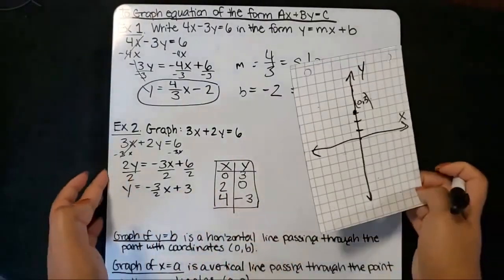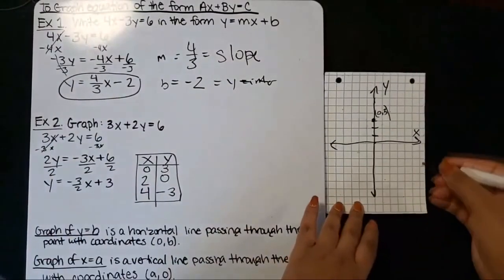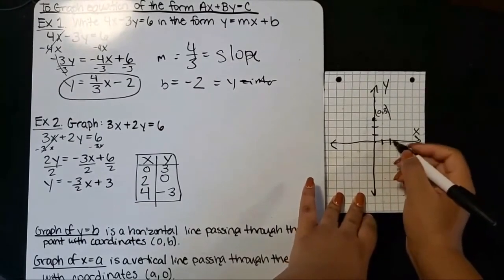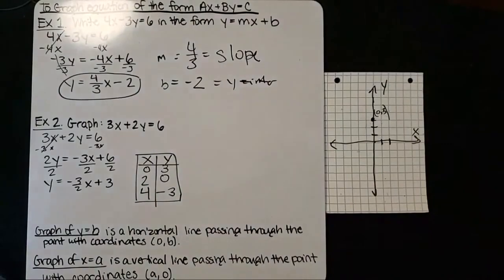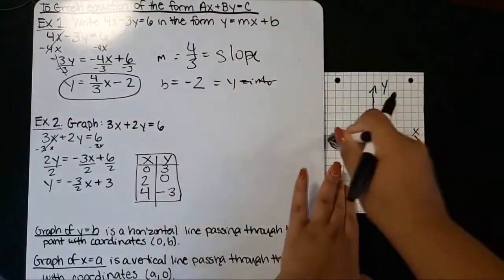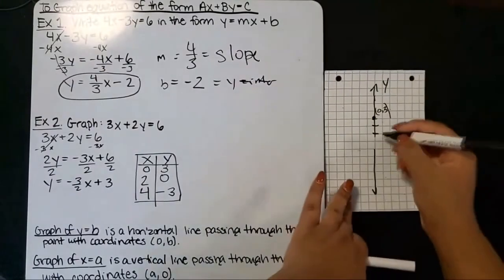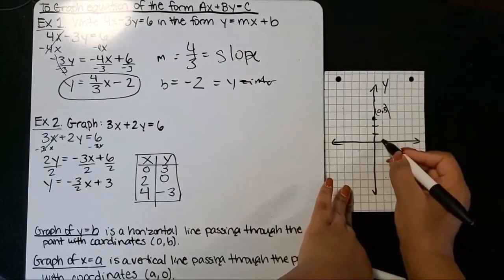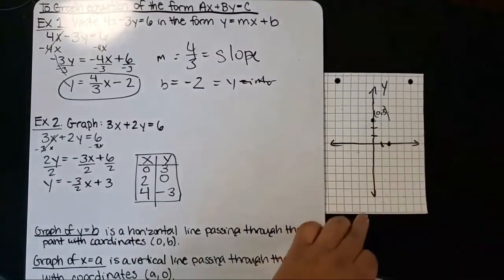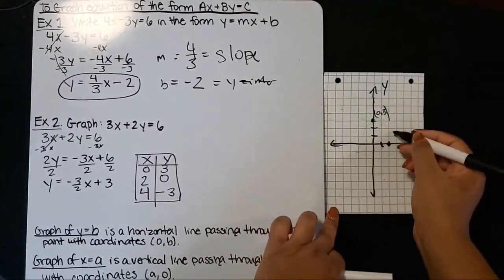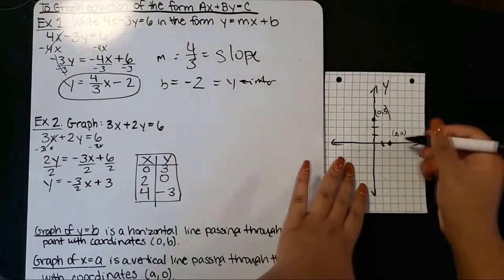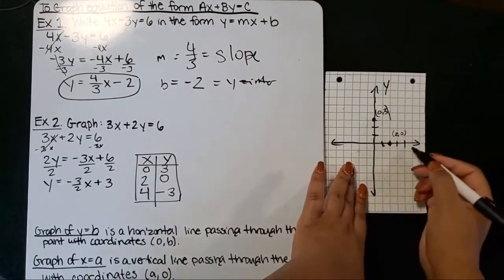Then for our point 2, 0, we have to go from the origin over 2. And we can't go up or down because our y coordinate is 0. So we'll just be here at 2, 0. All right. Then for 4, negative 3, 4 being our x coordinate, so we go to the right 4.